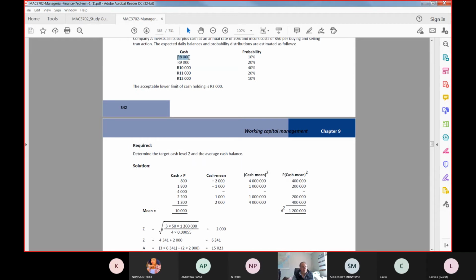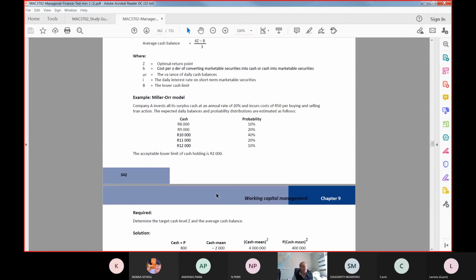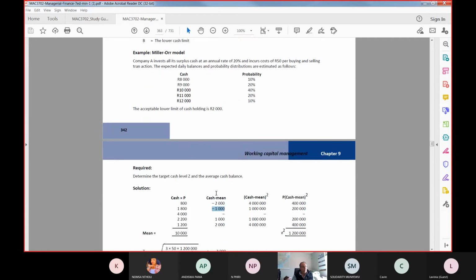Cash in the bank, 8, we're going to be minus 2,000. Cash in the bank, 9, we're going to be minus 1,000. Why do I say that? It is because 10,000 is the required rate. So 10,000 minus 8 is minus 2,000, minus 1,000.